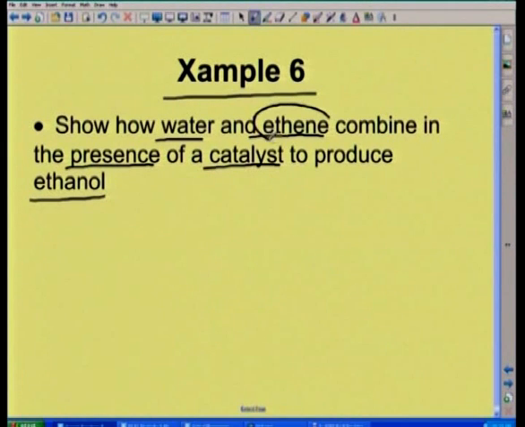Because we are from ethene as our unsaturated hydrocarbon. Now, what is ethene? Ethene has 2 carbon atoms, a double bond between them, and then your hydrogen atoms like that.